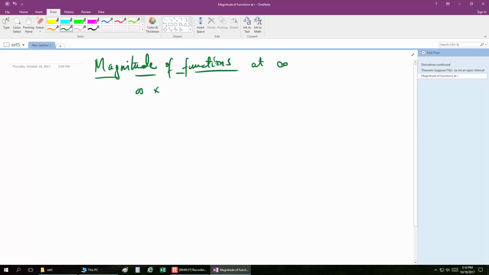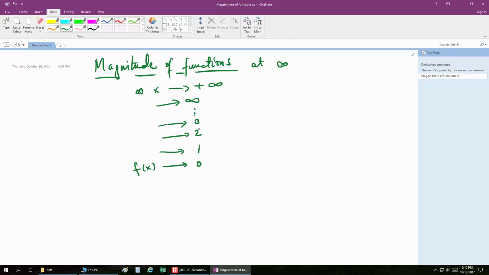So as x goes to infinity, say plus infinity, to keep it simple, then f of x might go to 0, or to 1, 2, 3, or it might go to infinity. This is the simplest classification you can think of. It might go to a number, including 0, or it may go to infinity.